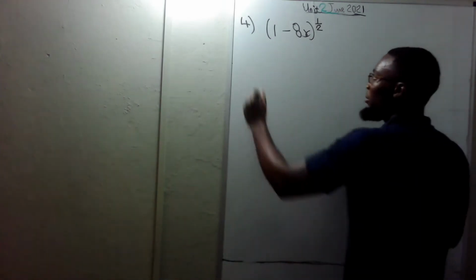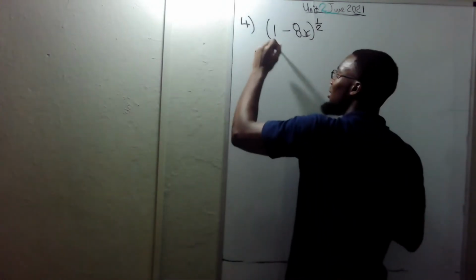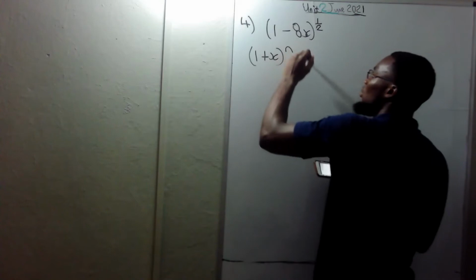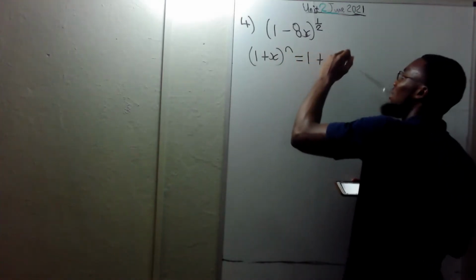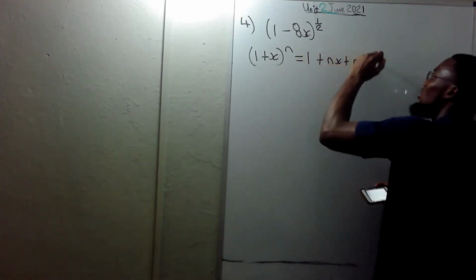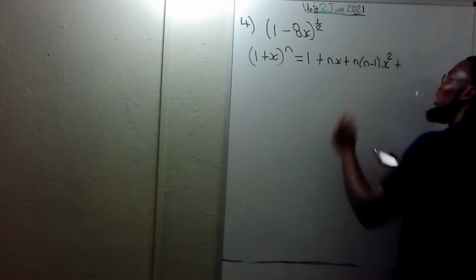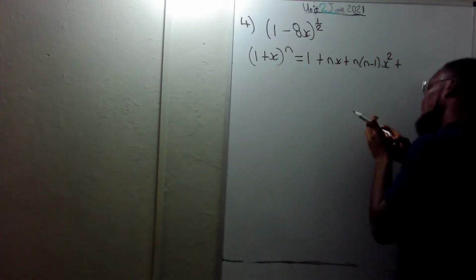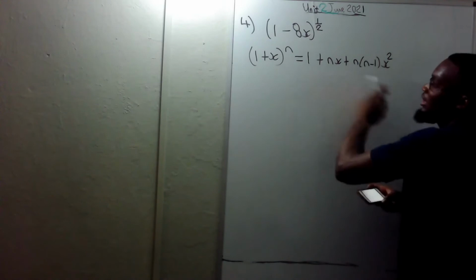Now all we need to remember is that (1 plus x) to the n is equal to 1 plus nx plus n times (n minus 1) x squared over 2 factorial. I want the first three terms, so that's all it needs.